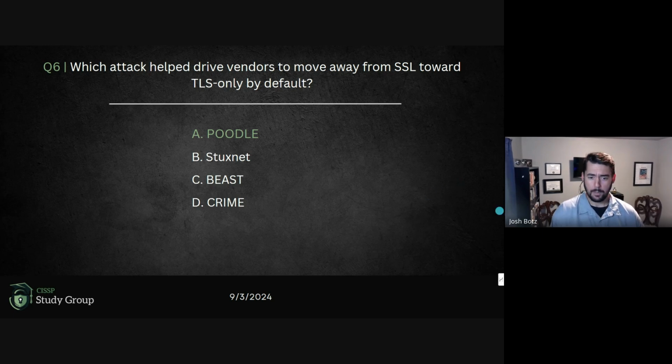So I'm going to pull up the chat as well because that helped me answer this. Stuxnet is probably the easiest one to recognize on here. This is the worm that was released against the Iranian nuclear facility. It's a very specific attack here. Go look it up. It's interesting to learn about.